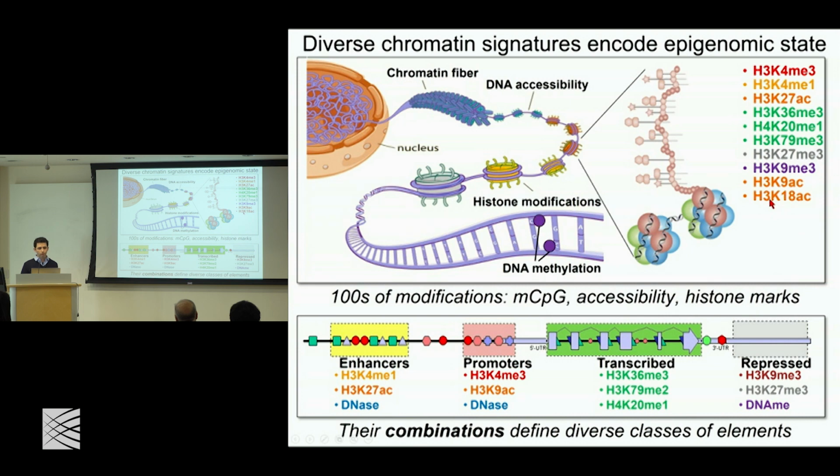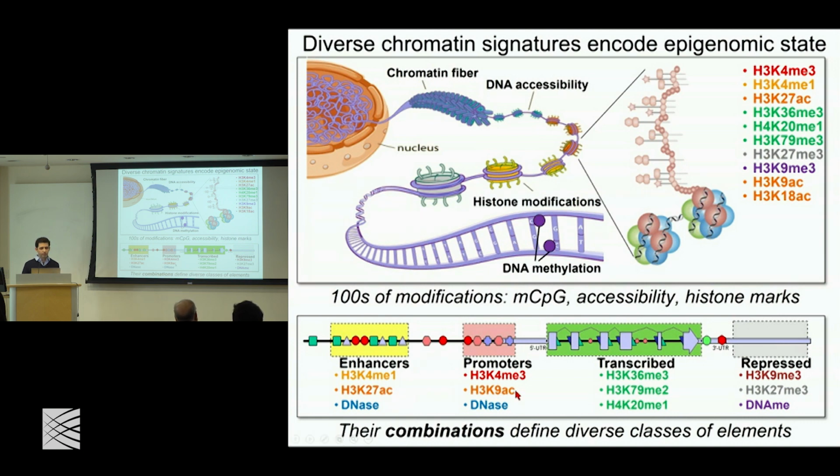And we have basically developed an arsenal of techniques for mapping these individual epigenomic marks, and then for combining them to infer the function, quote unquote, of the epigenome, or if you wish, the activity signatures of the epigenome.